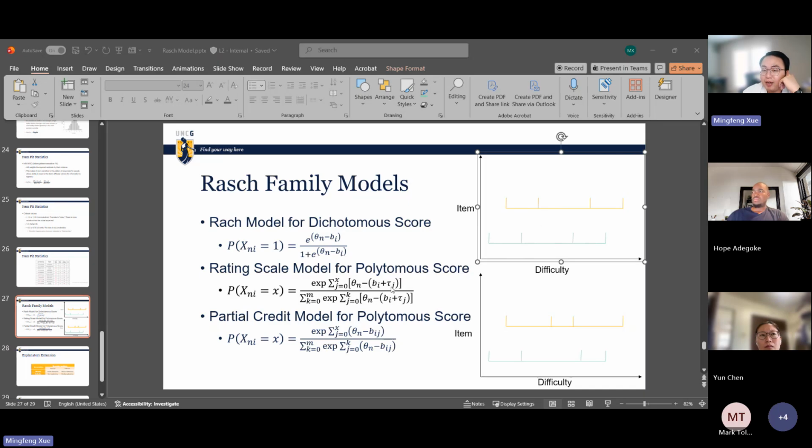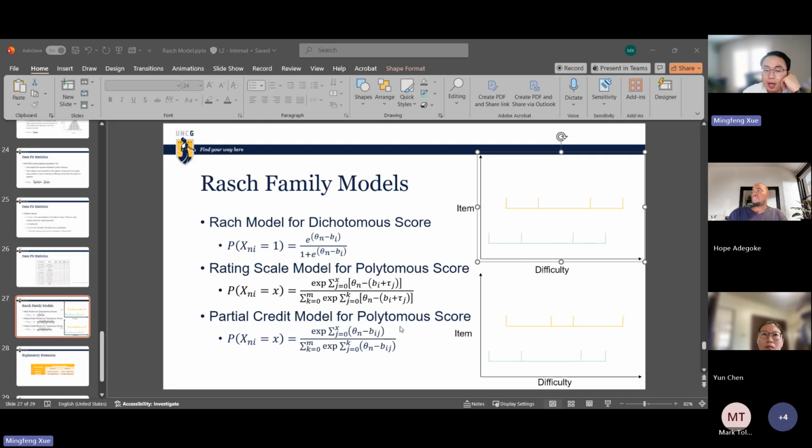And what is reflected in this equation is that it separates the step difficulty into two parameters: Bi, the average item difficulty, and tau j, the step deviation or step threshold. And you can see there's no item subscript for the tau, the step threshold, because it remains the same across items.